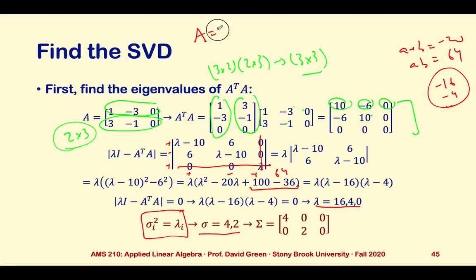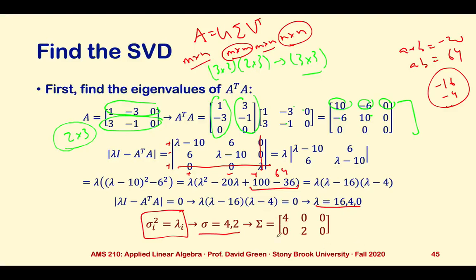Remember, in the SVD we're trying to find U sigma V transpose. If A is M by N, U will be square M by M, V will be square N by N, and sigma will always be the same size as A. A was 2 by 3.